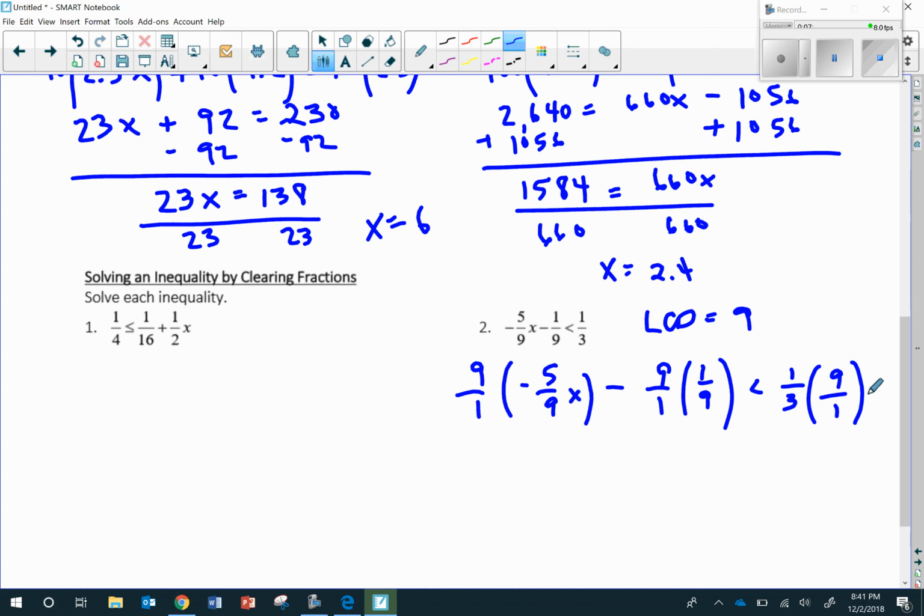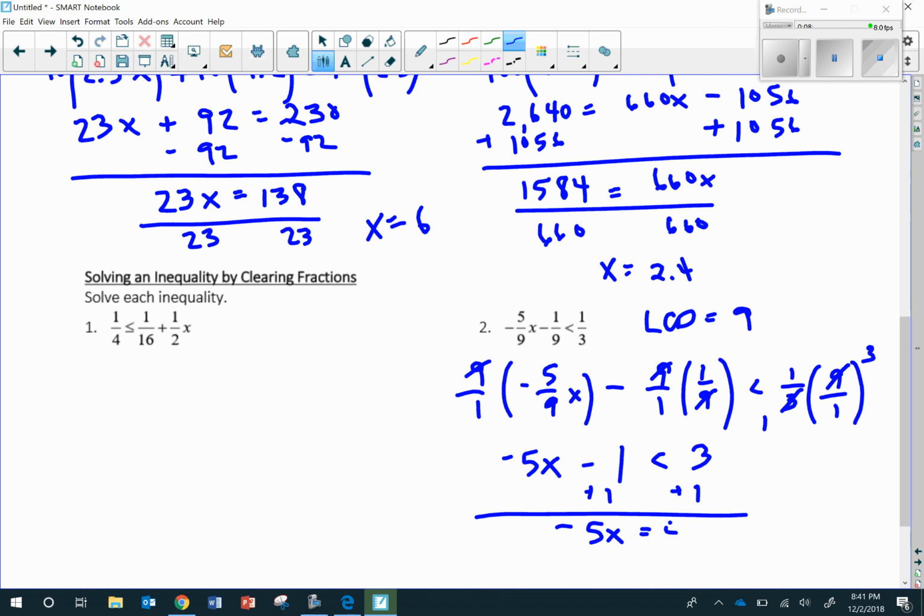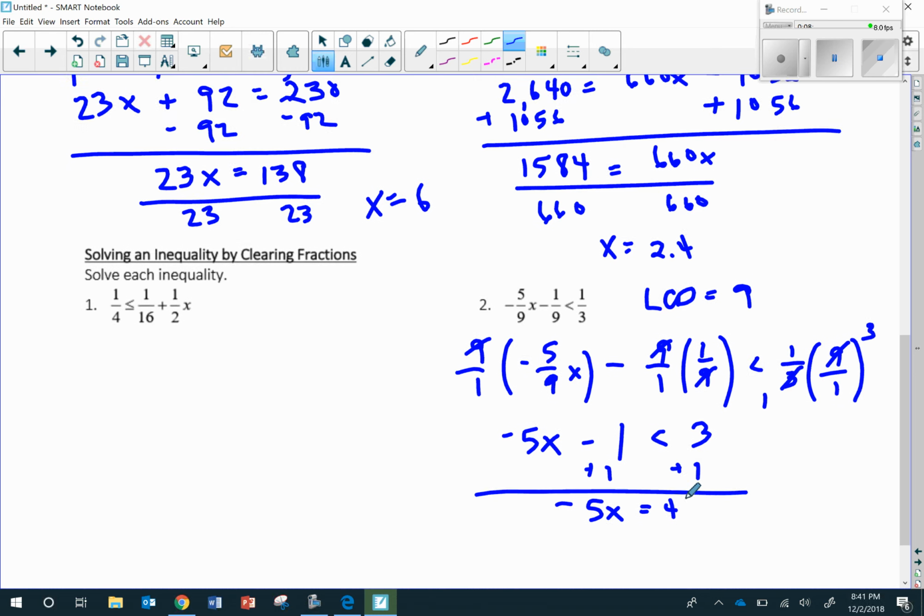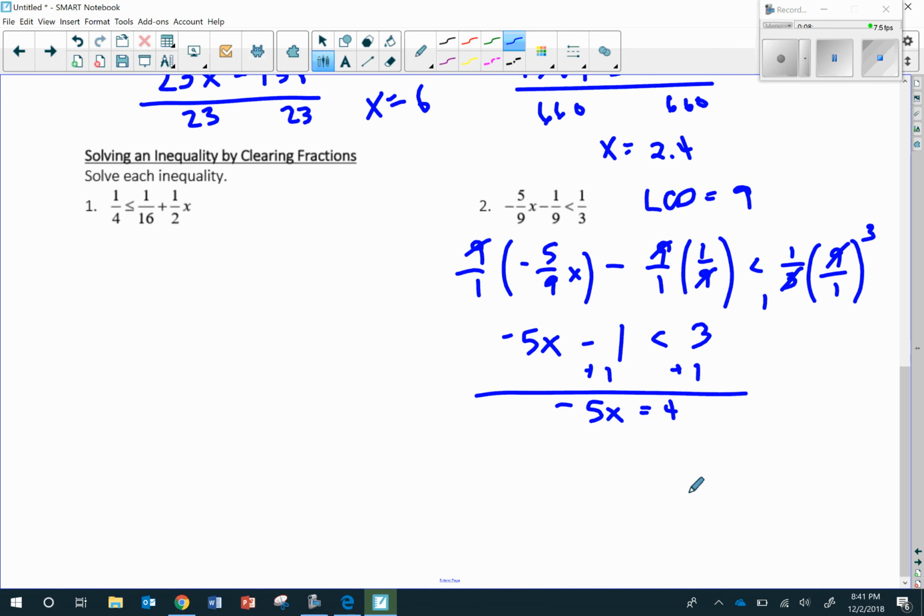Now I'm going to see if there's anything that I can cancel. Here my 9's cancel, so I'm left with negative 5x. Here my 9's cancel, so that's minus 1. Is less than, that simplifies into a 1, into a 3, less than 3. I'm going to add 1 to both sides. I'm left with negative 5x less than 4.